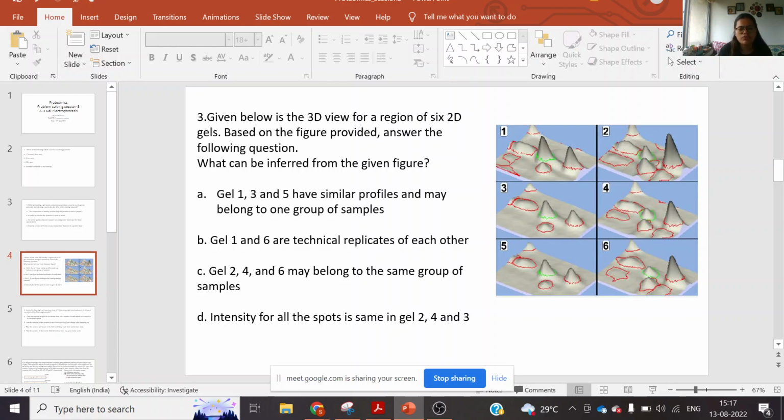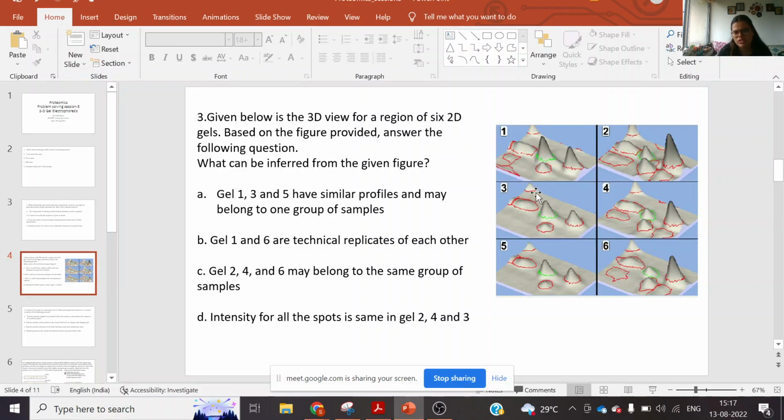So let's see if that holds true here. Gel 1 and 6 are technical replicates. This is gel 1 and this is gel 6. So this region is common, but if we see this region and this green marked region, this is quite different here.